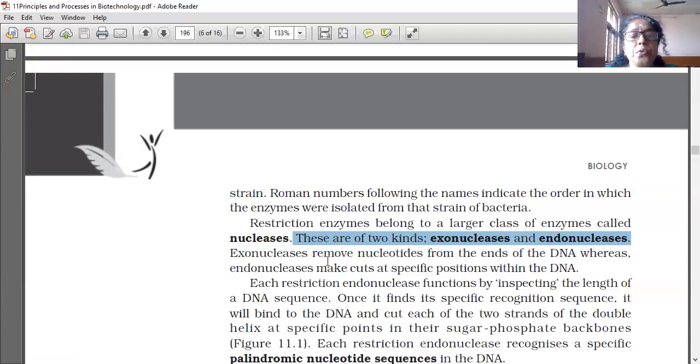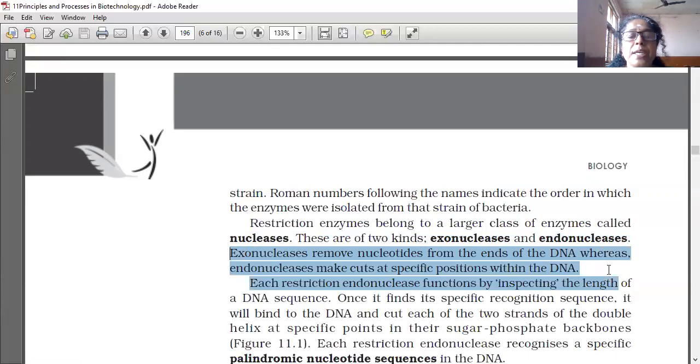Exonucleases remove nucleotides from the ends of the DNA, whereas endonucleases make cuts at specific positions within the DNA.